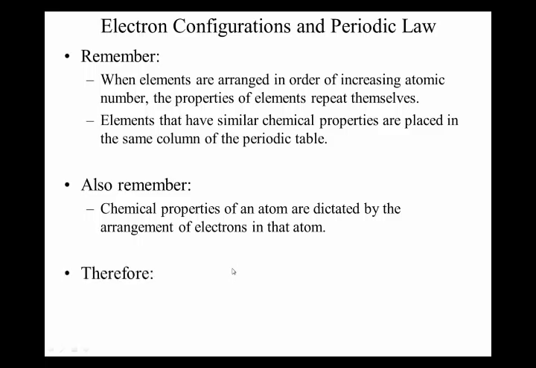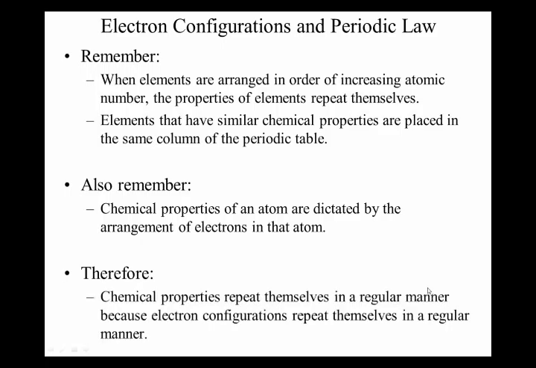Therefore, we can conclude that this periodic repetition of chemical properties is due to a periodic repetition of something about the electron configuration. So there's this repeating pattern of the electron configuration as well.